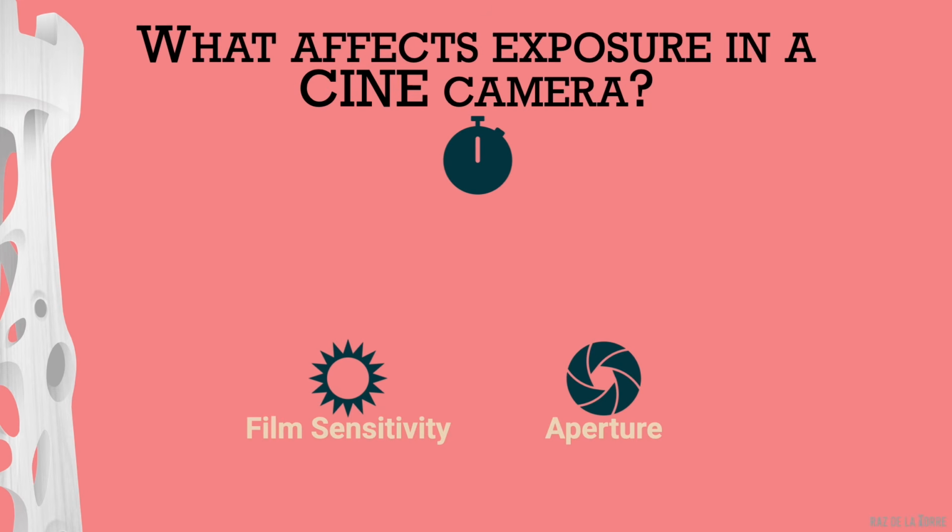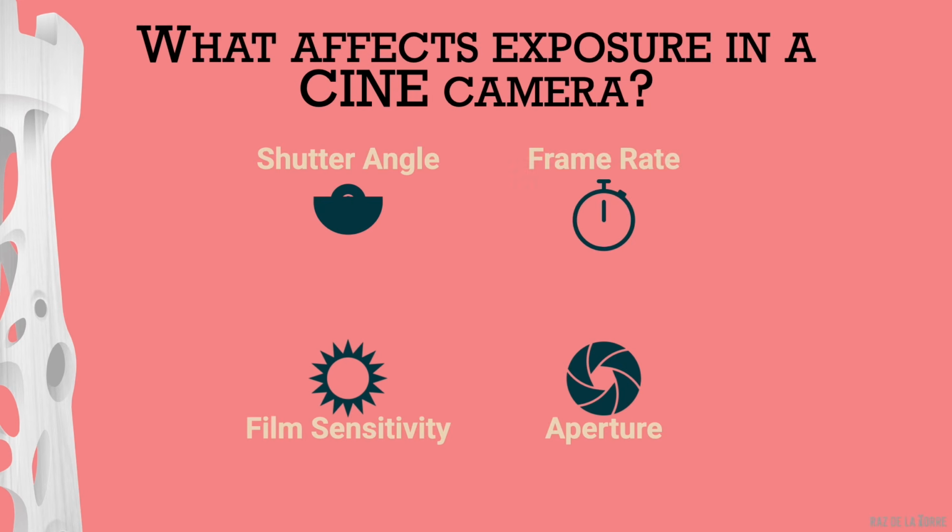So instead of shutter speed, we use shutter angle, a way of controlling exposure time for multiple images. And because we're locked to a frame rate, the number of frames we capture per second naturally dictates how long each frame can be exposed.